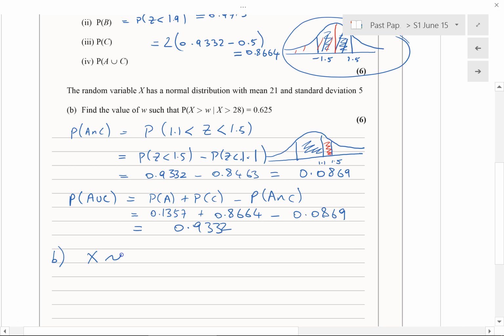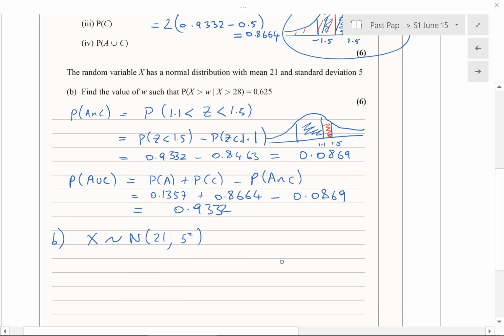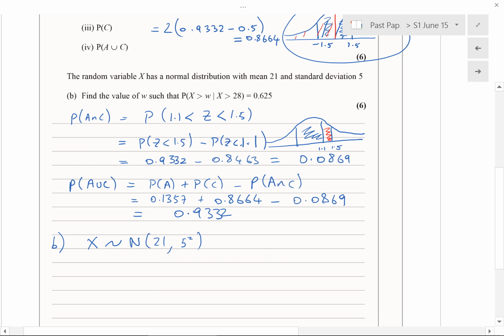So we've got X is normally distributed with mean 21 and standard deviation 5. Okay, lovely. Right, now we want to find the value of W where this is given.